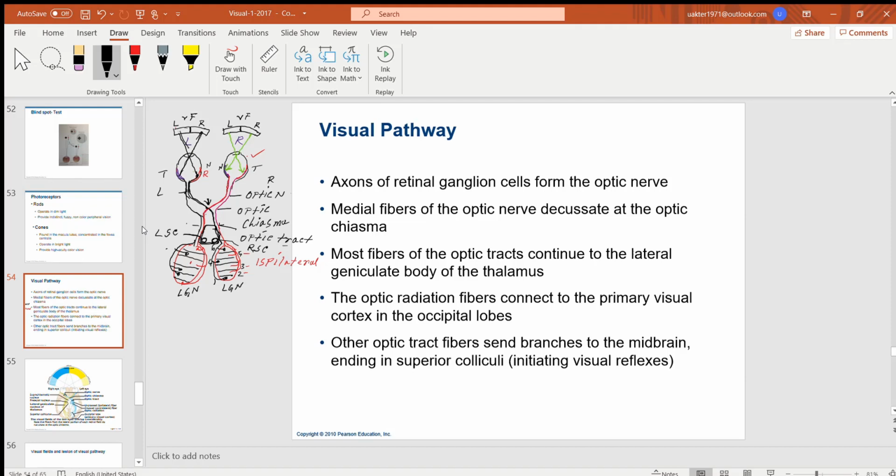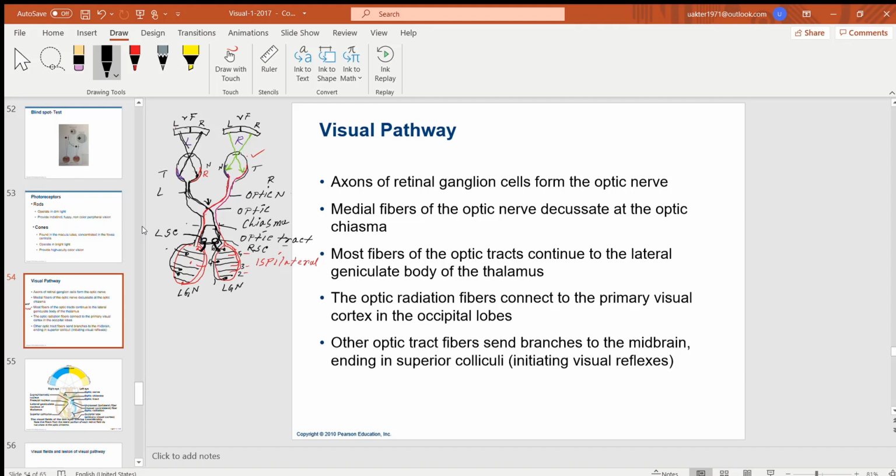And the superior colliculus receives signal from the lateral geniculate nucleus. So from here some signal, a small amount, goes to the superior colliculi, right and left, and from the superior colliculi the signal goes to the nuclei of those three cranial nerves.